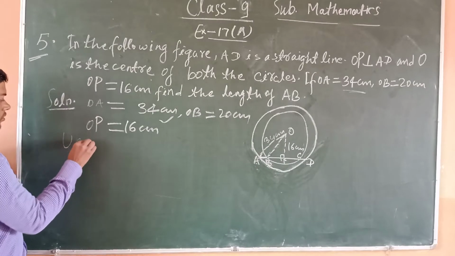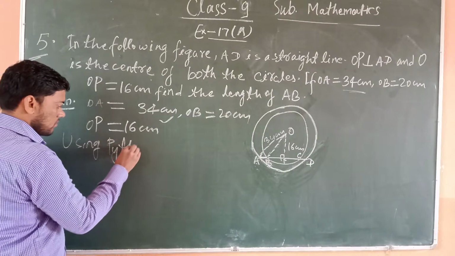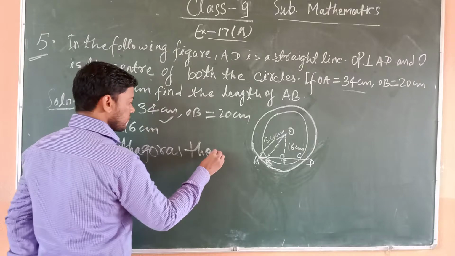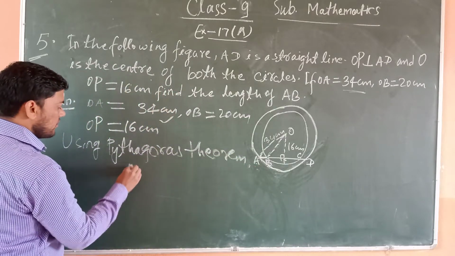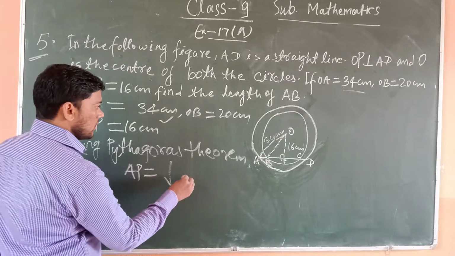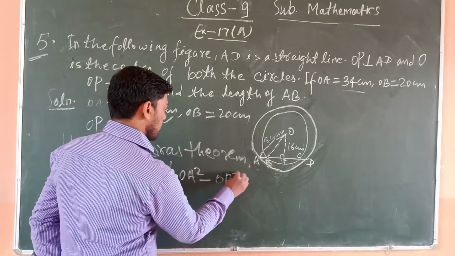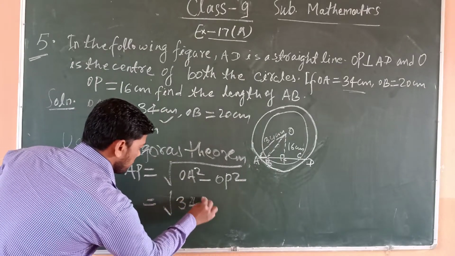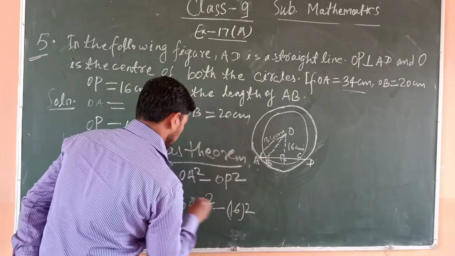So using Pythagoras theorem, AP is the base, so AP is equal to under root hypotenuse square minus perpendicular square, 34 square minus 16 square.